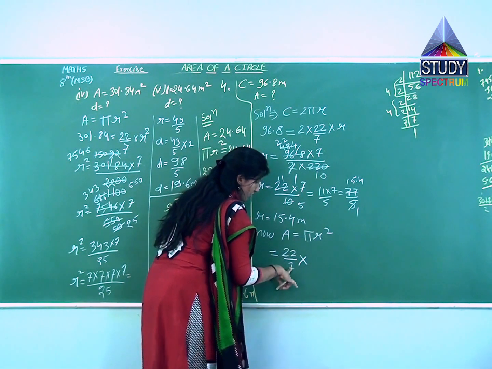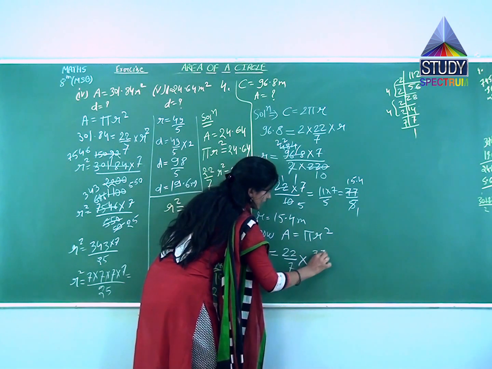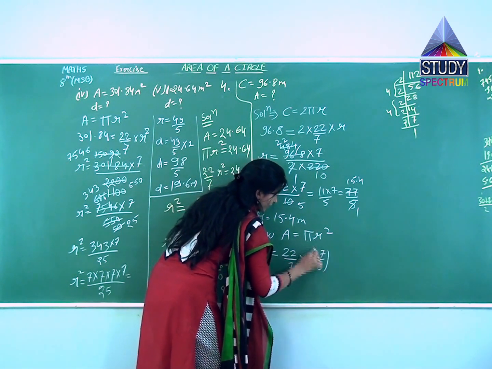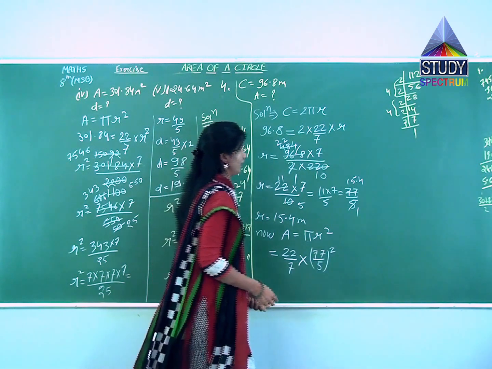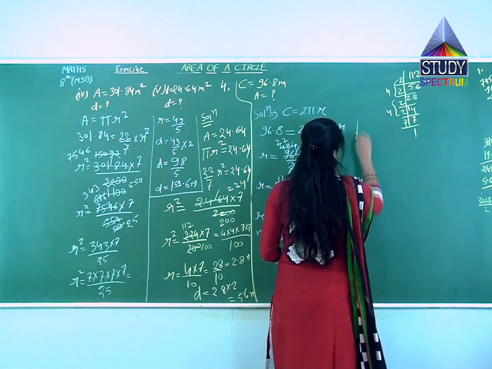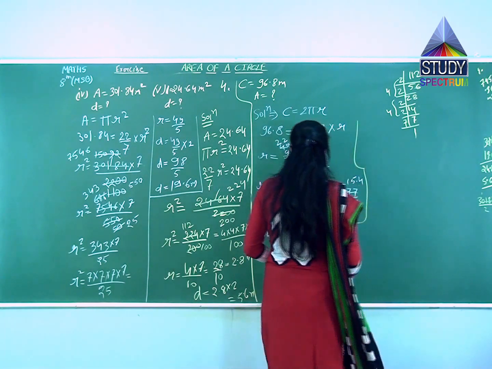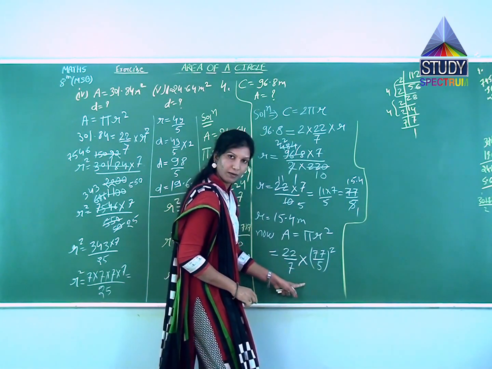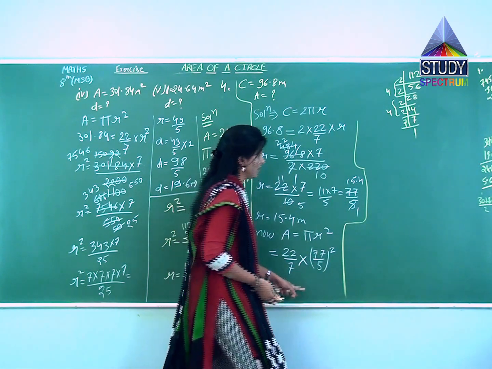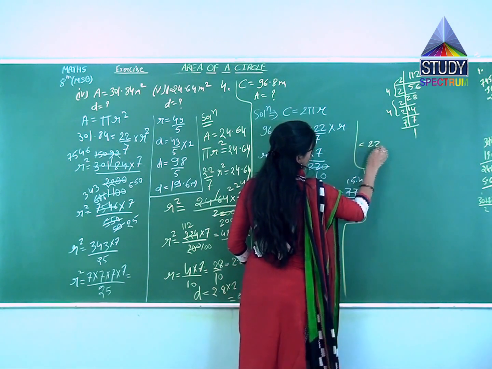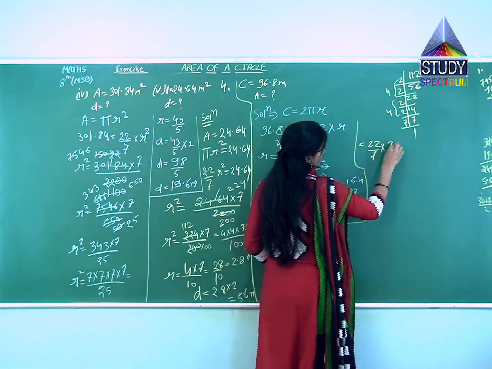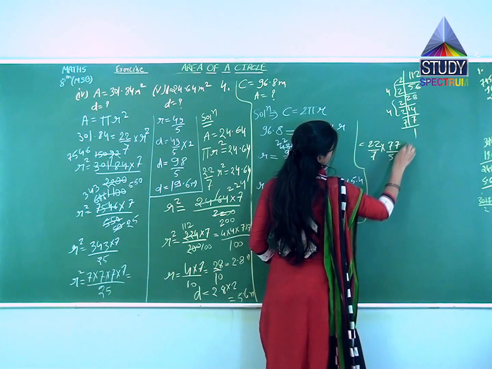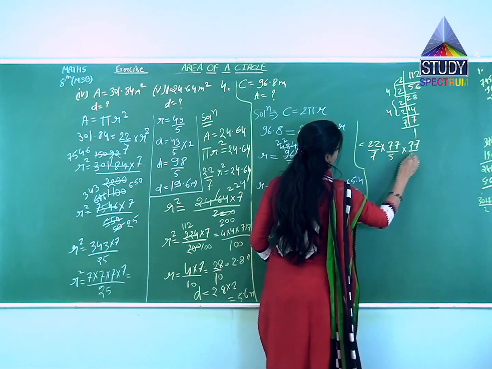So here pi is 22 by 7 and radius is 77 upon 5 squared. In the next step we will get 22 by 7 into 77 upon 5 into 77 upon 5.